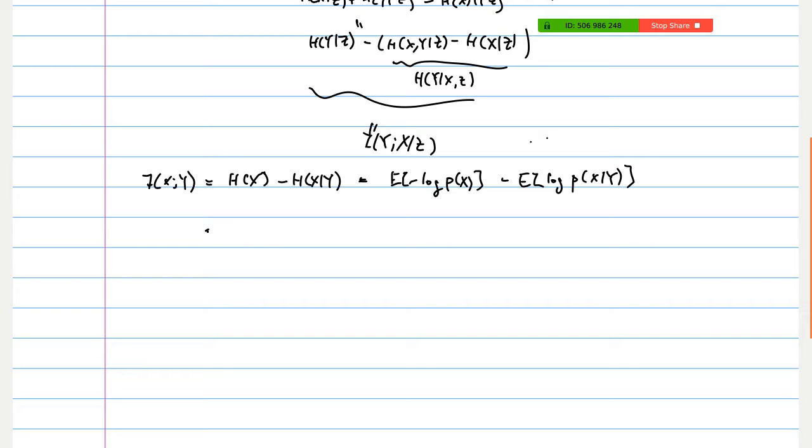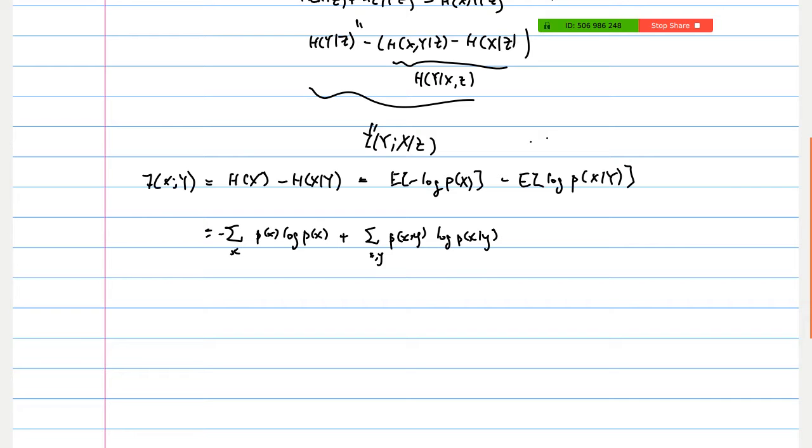And I can write it in terms of probability: minus P(X) log P(X), and there's a minus here, P(X,Y) log P(X given Y).